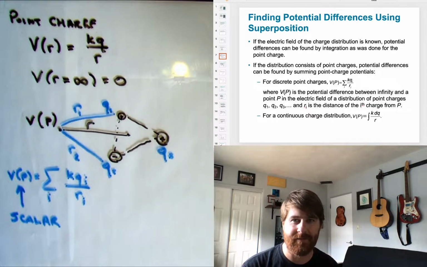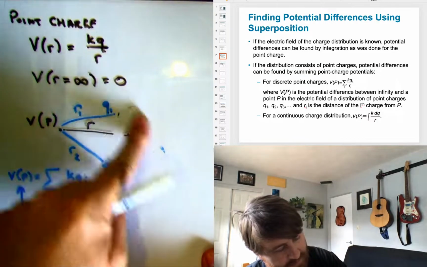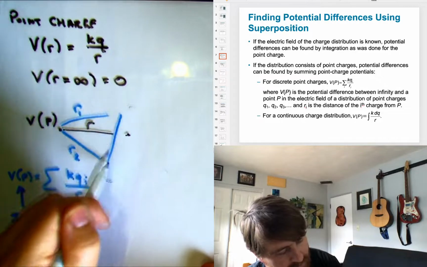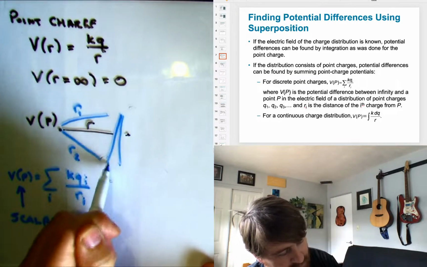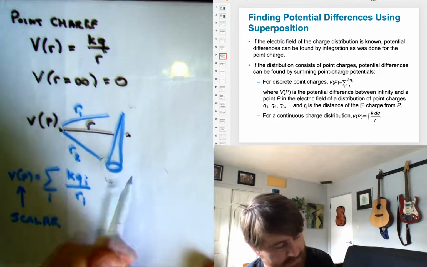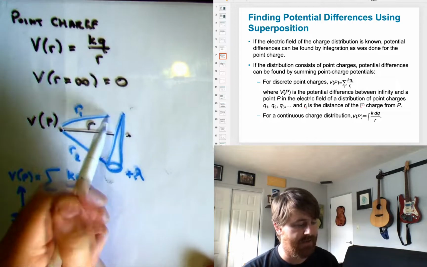This is just a sum over scalars. We just add. Okay. Now, if I had a continuous charge distribution, suppose that instead I put some charge along a wire, so it had some charge density lambda, then I would just integrate.